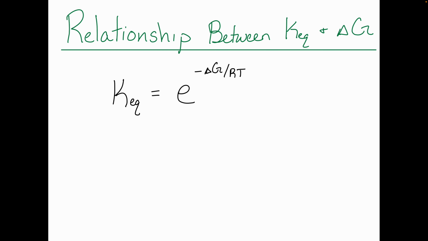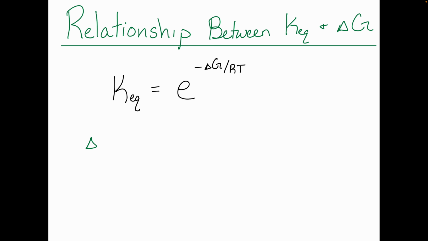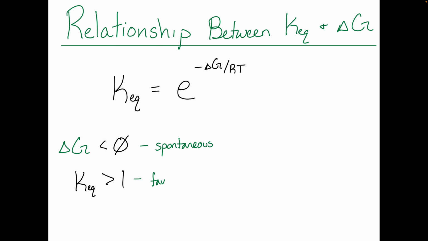G over RT. All right, so if we do some math here, what we could convince ourselves of is that if delta G was less than 0, one of our spontaneous reactions, well, then that would necessarily mean that our KEQ was greater than 1, which we said was a reaction that favors the products.